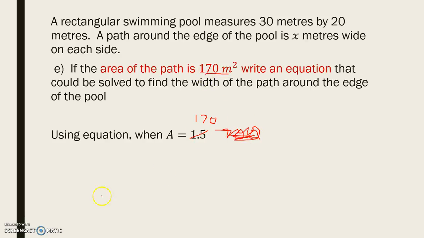Same as we did before, we're going to substitute. This goes on the other side of the equation, the area of the path here. So it equals 170, and the expression equals that.